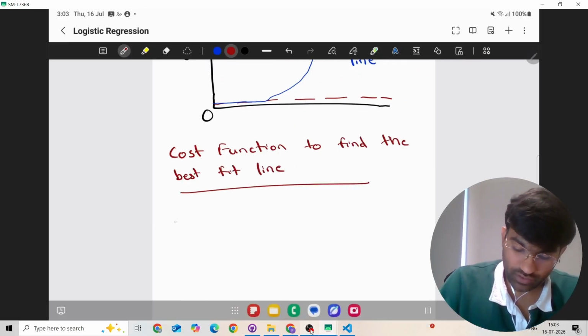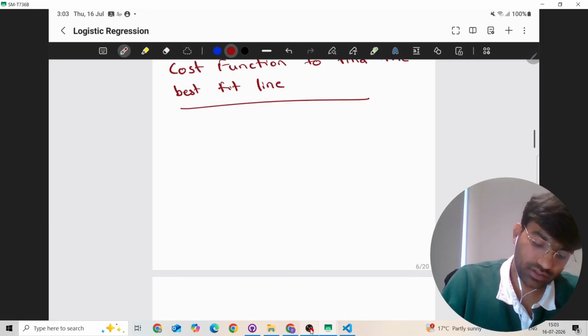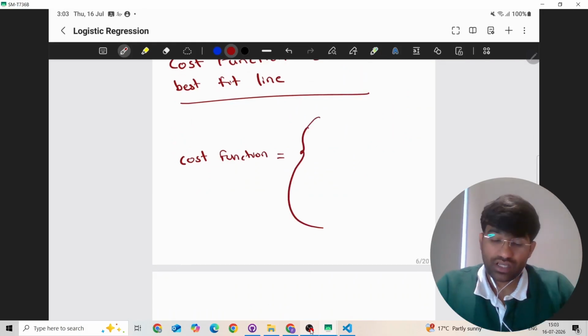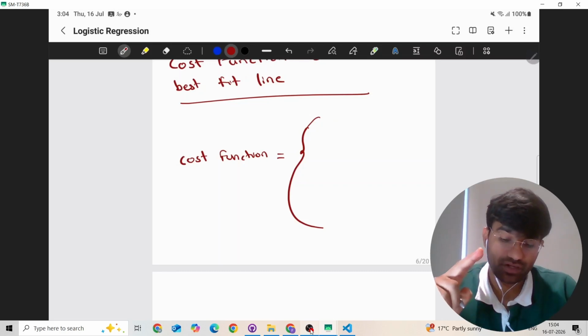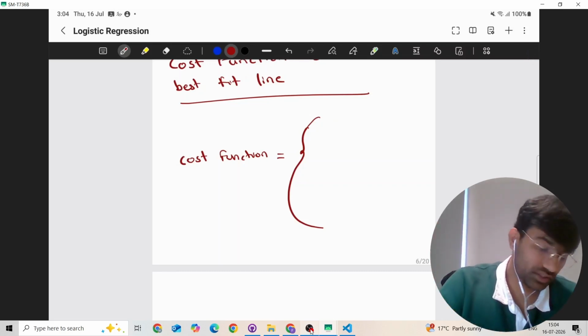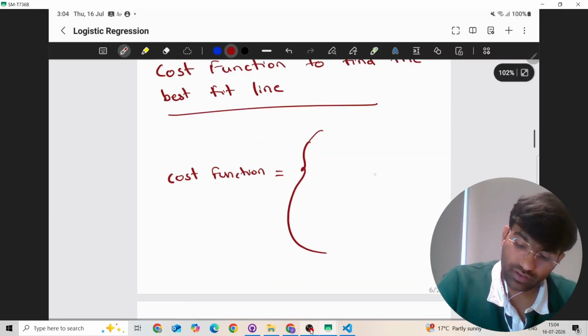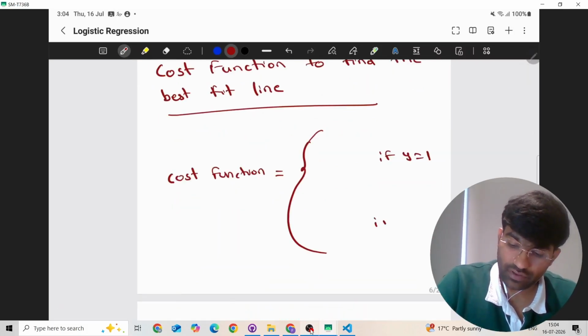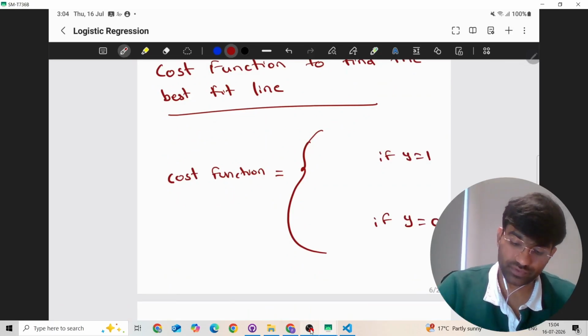So what is the cost function for logistic regression? Here there are two terms. Why? Because our target variable y is binary, either 0 or 1. So if y equals 1 and if y equals 0, the cost function has two terms.